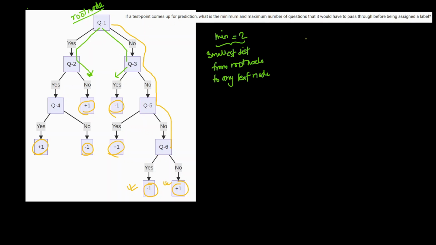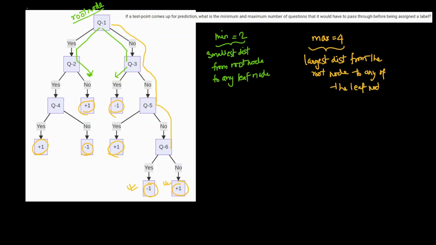So the maximum is 4 questions. And how did we get this? This is the largest distance from the root node to any of the leaf nodes.